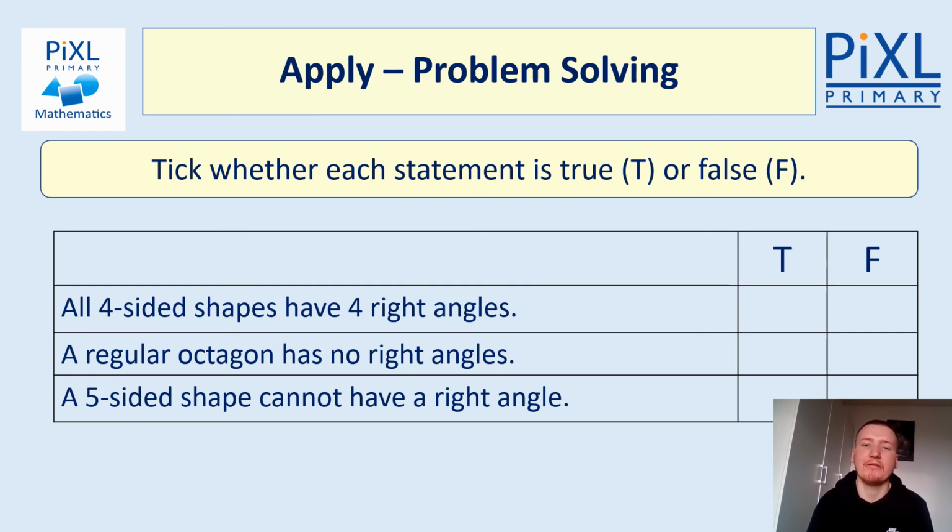They do not have any right angles. And the last one, a 5-sided shape cannot have a right angle. If you remember back to when we did the pentagon that looked like the front of a house, you will notice that that had 3 right angles. So the answer is false. So well done, give yourself a pat on the back if you stood up to the correct answers on all of them. If you didn't, then just listen carefully to how I explained why the answers are what they are.